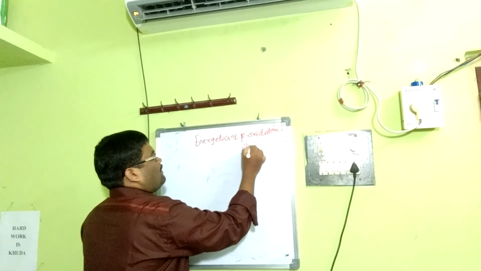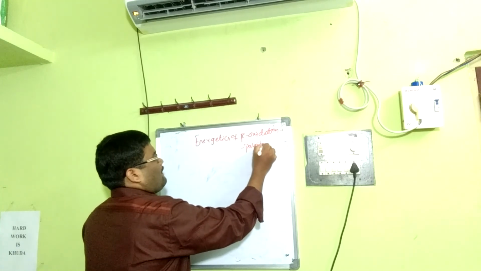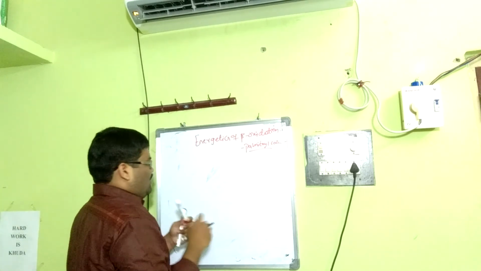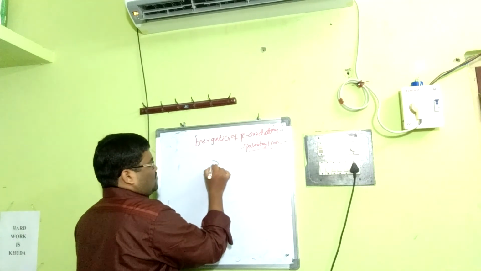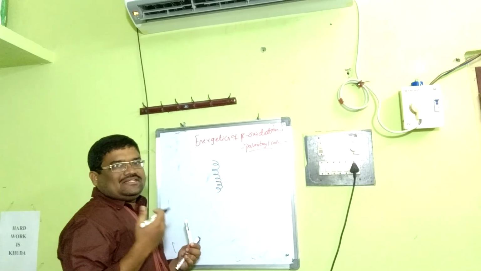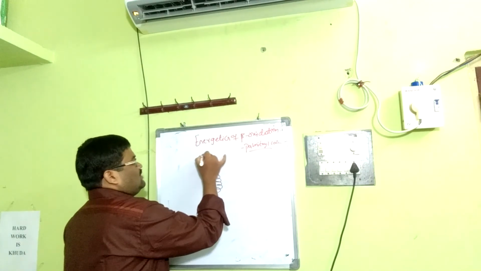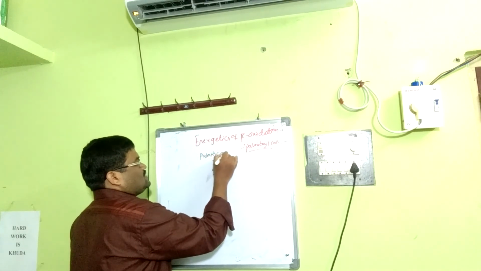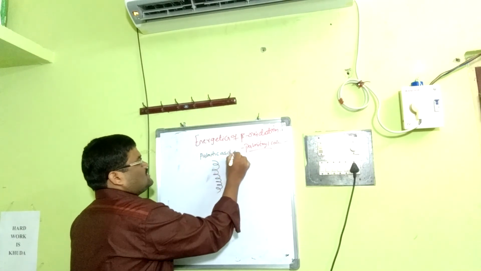Say we take palmitoyl coenzyme A, one particular example. This is the palmitic acid, palmitic fatty acid, palmitic acid, this is 16 carbon.